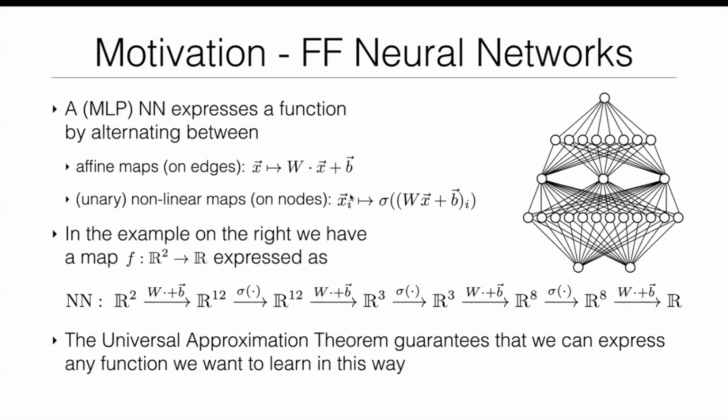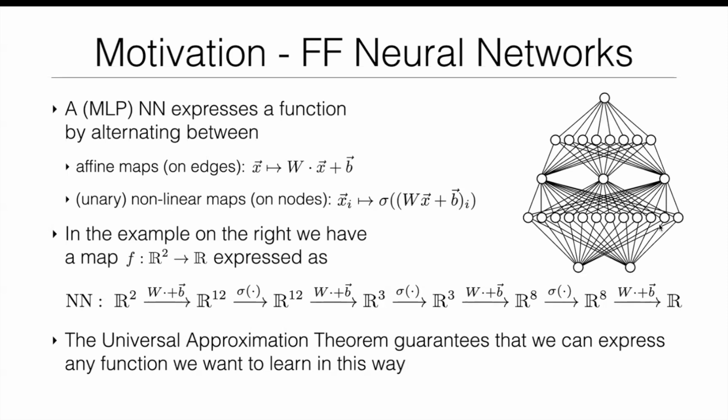And this nested structure of alternating between affine functions and nonlinear functions, it's a bit cumbersome, but there is actually a universal approximation theorem which goes back to Cybenko, and it tells you that if you make this neural network infinitely wide, if you allow for infinitely many parameters in your matrix, then you can express essentially any function you want.